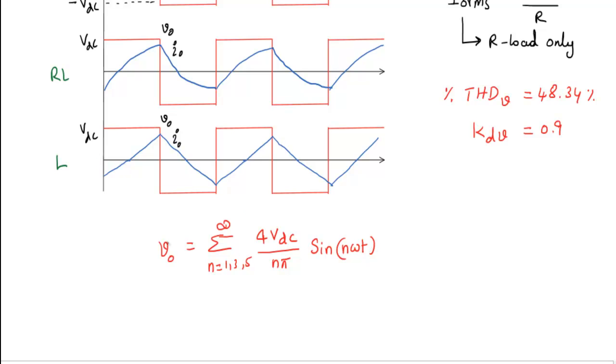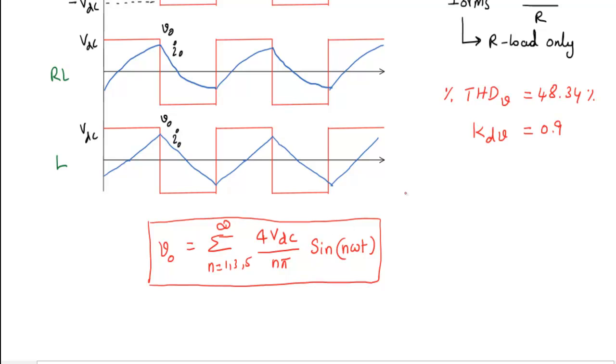So this is the Fourier series equation for full bridge inverter with RL or L load. But the main difference between the full bridge inverter and half bridge inverter is VDC. In case of half bridge inverter it will be VDC by 2, but here it is VDC.